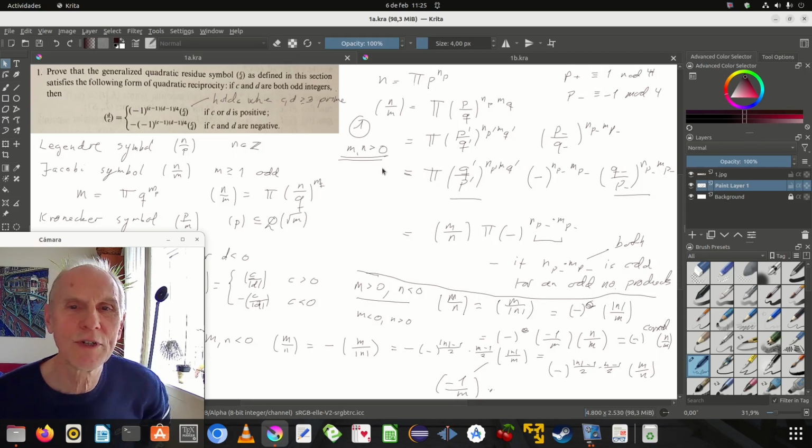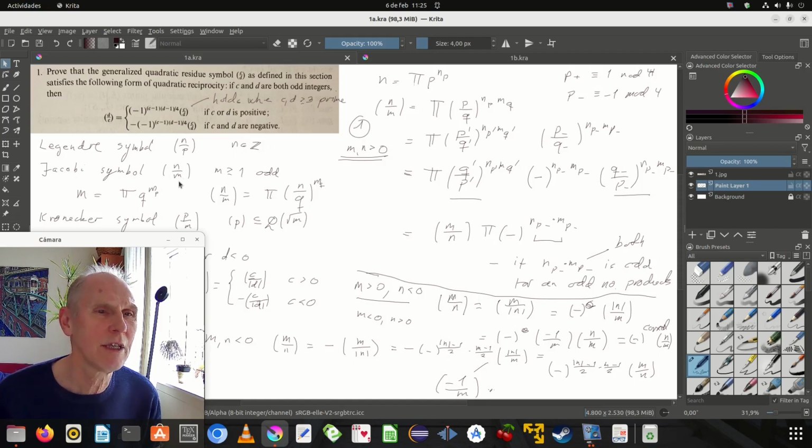I tried to prove it this way, but it turned out that I'd forgotten to turn on the sound, and I don't like this method because it never became quite clear. So I tried to do it by induction on the number of primes in the denominator.